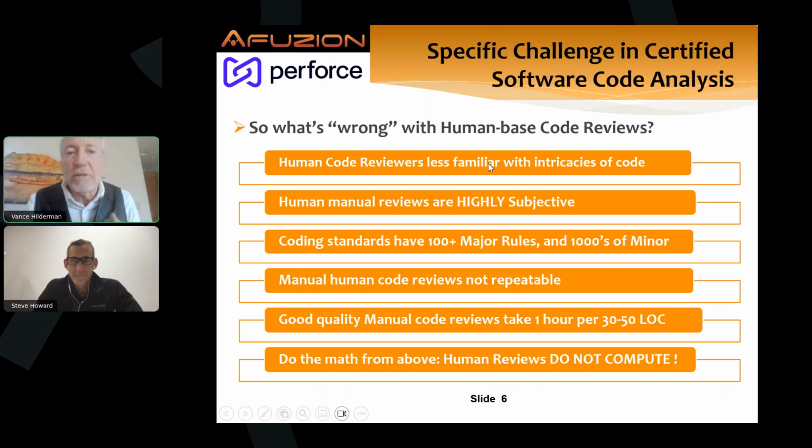But humans are generally less familiar with the intricacies of that code since they didn't write it. Manual code reviews are completely subjective. Coding standards have 100, well, many more than that, major rules, but thousands of minor rules. Can you, as a human, keep all of those in your brain, Mr. Ms. Einstein? Manual code reviews, they're not repeatable. FAA, EASA here, we hate them. Yeah, so do I.